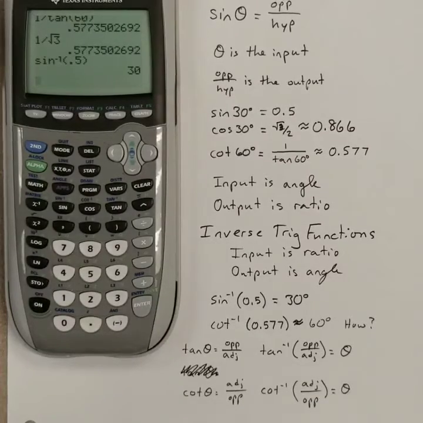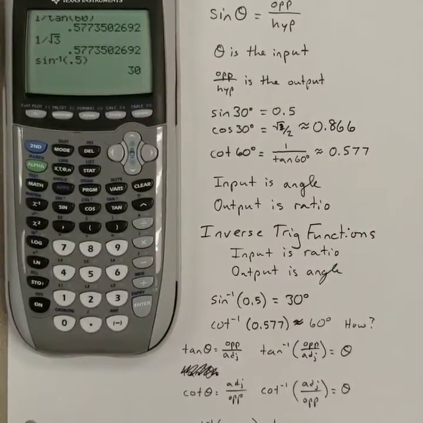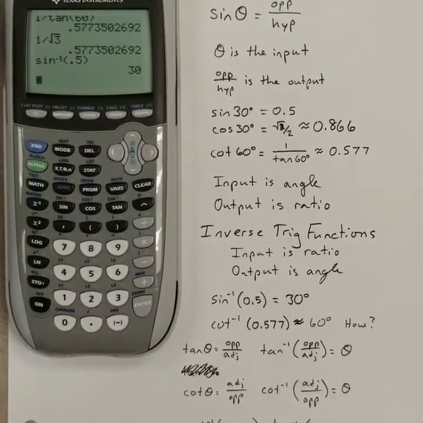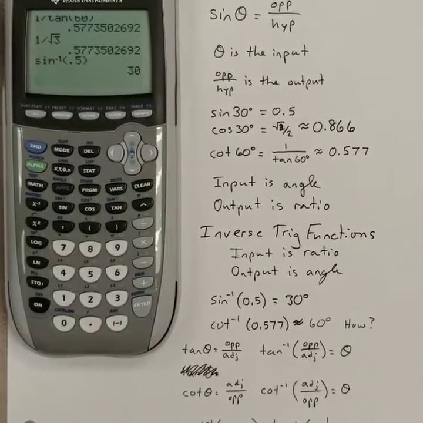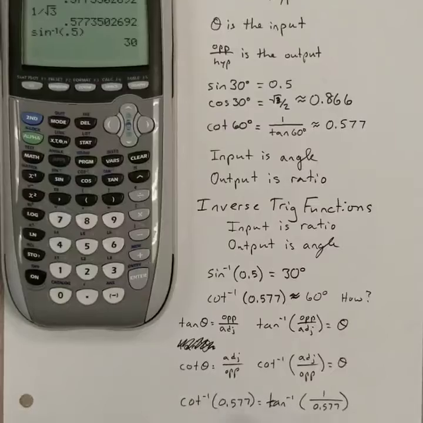And so the inverse cotangent of 0.577 should be equal to the inverse tangent of 1 over 0.577.